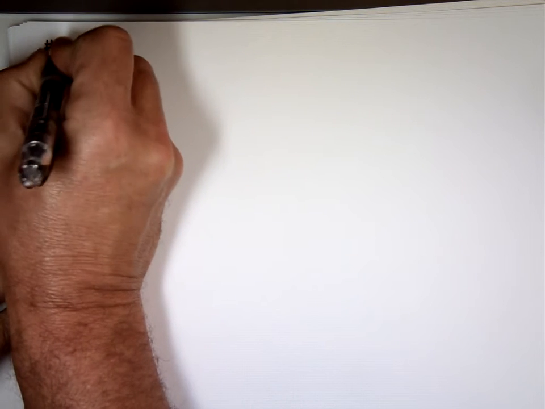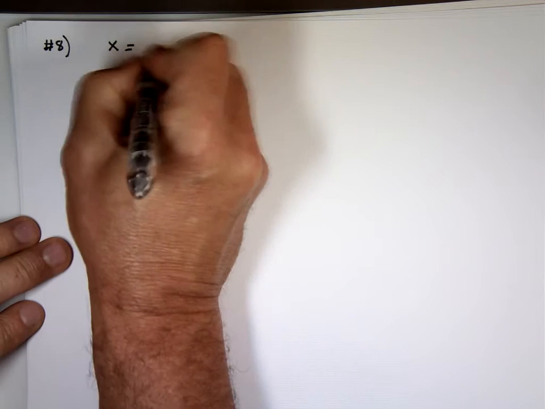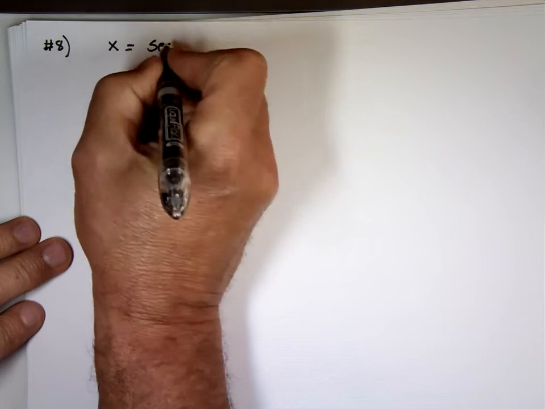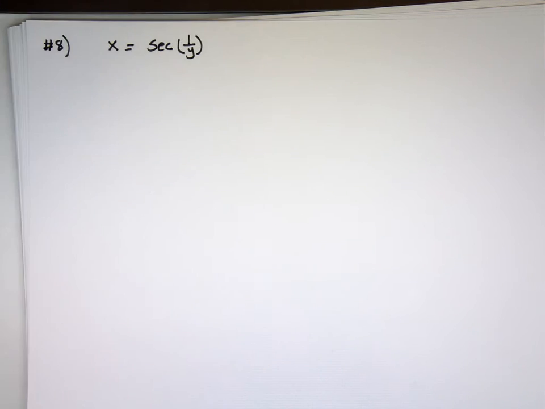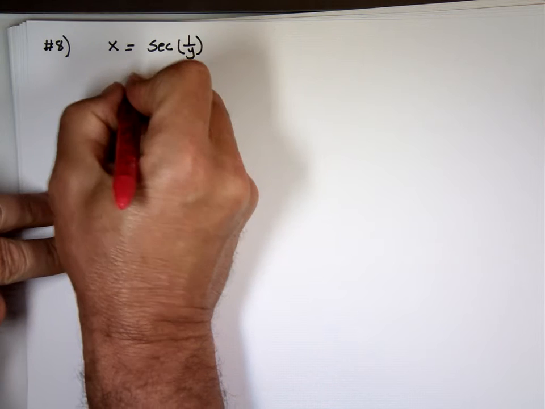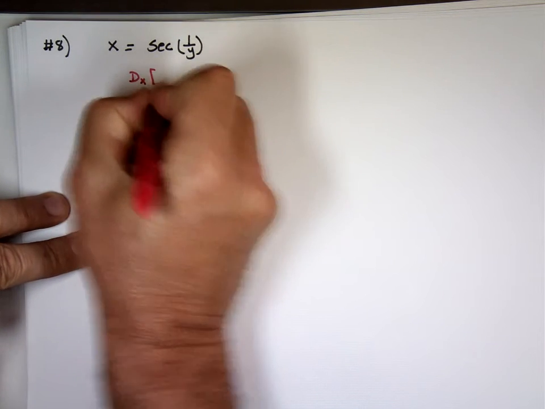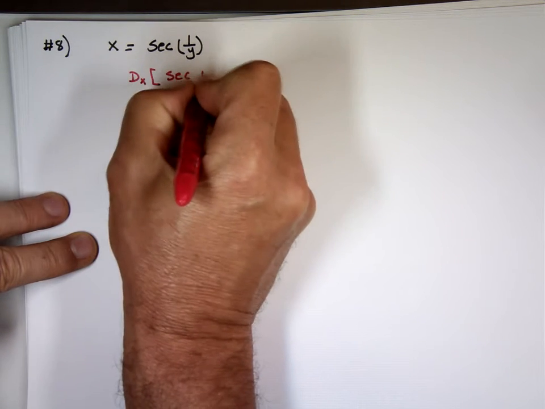Number 8, maybe I write small too. Doesn't look like a big problem. X equals secant of 1 over y. Again, just a reminder: what is the derivative of secant u?